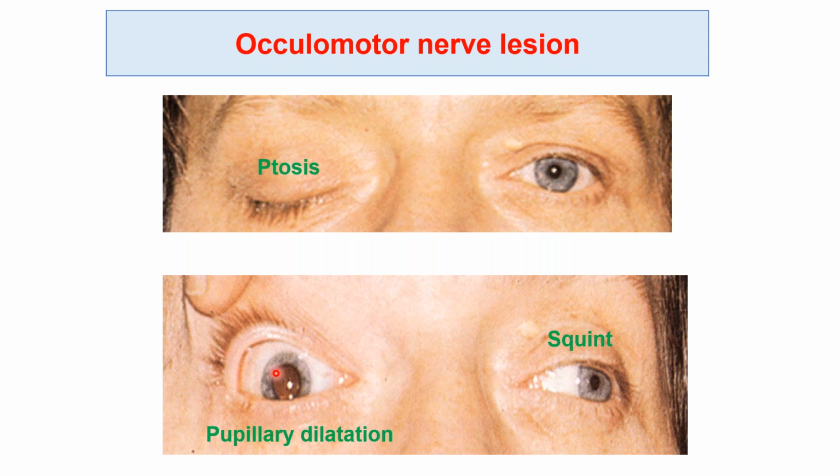Pupillary dilation will also accompany an oculomotor nerve lesion because the Edinger-Westphal nucleus, which was supplying the constrictor pupillae, is also lost. And the squint which is characteristically found is lateral squint, because the medial rectus is involved, and the lateral rectus, which is not supplied by the oculomotor, is going to lead to lateral deviation of the eyeball.